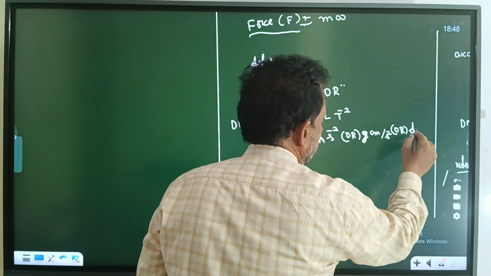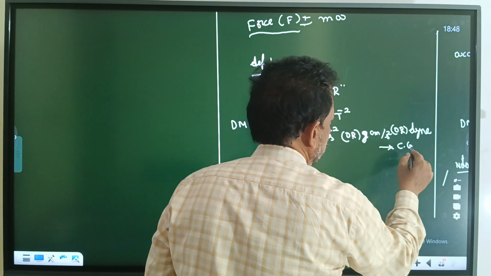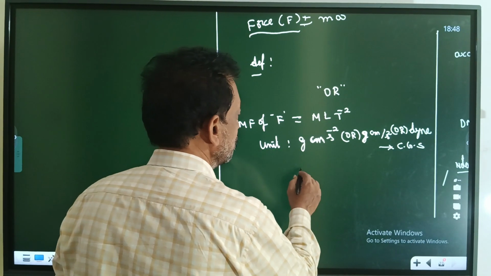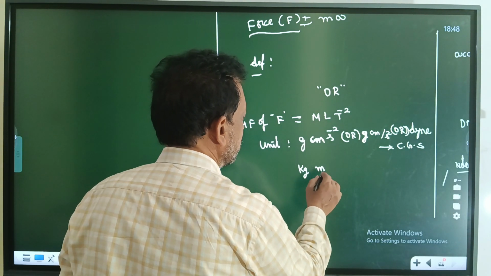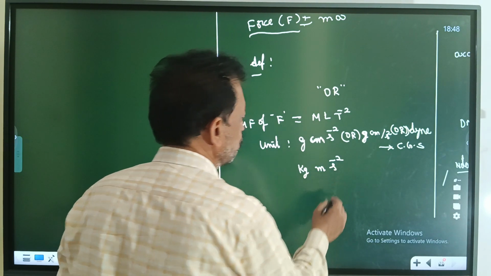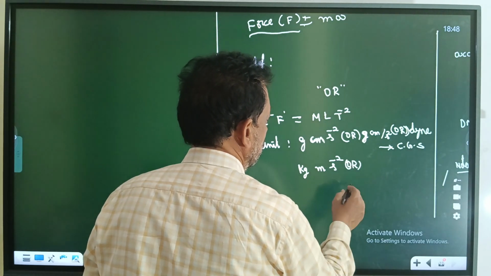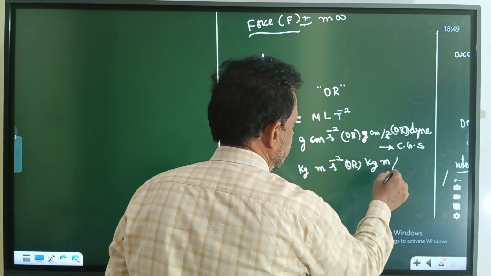In the MKS system, it is kg meter second raised to minus 2, or kg meter per second square.